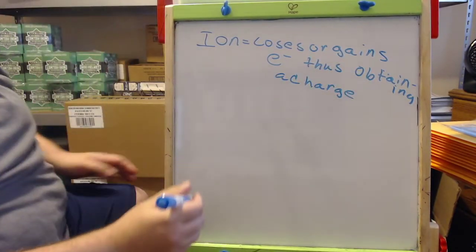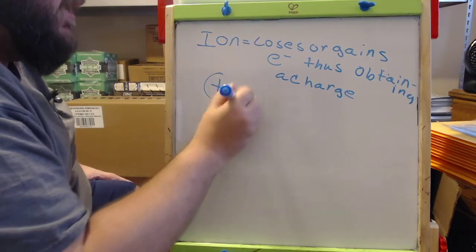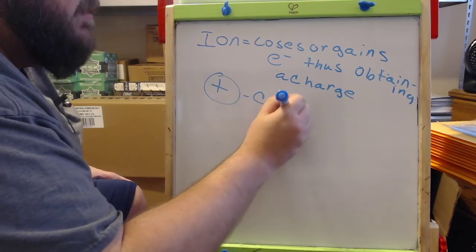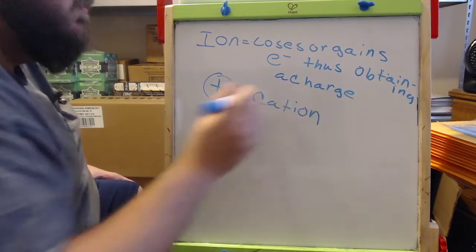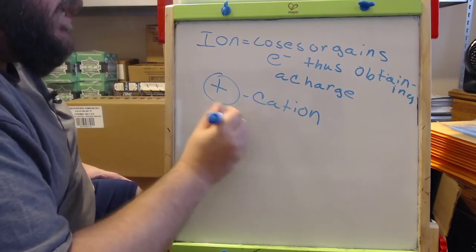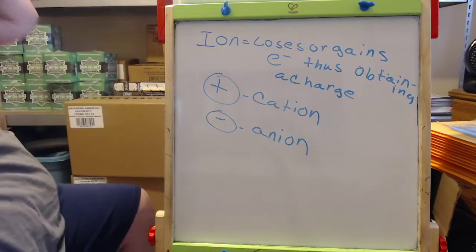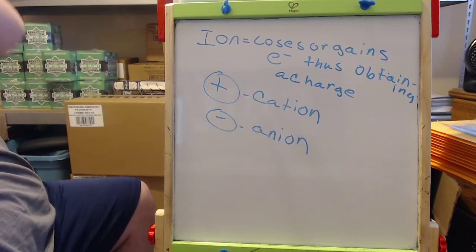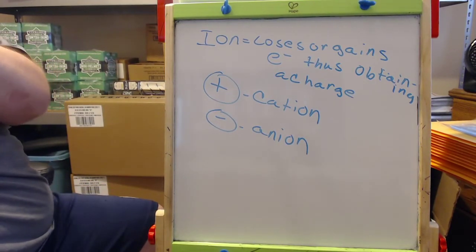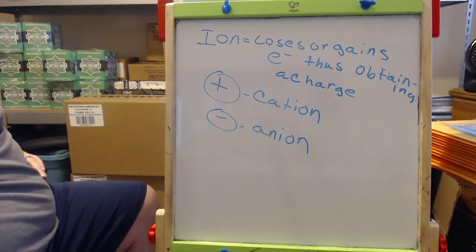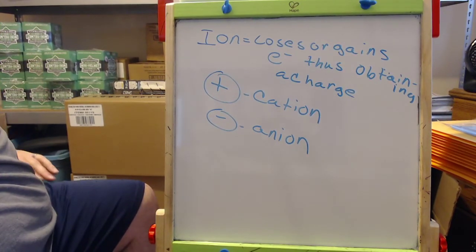There's two types of ions. A positive ion is known as a cation. Negative is known as an anion. Where I am on the periodic table will determine whether I'm a cation or an anion.